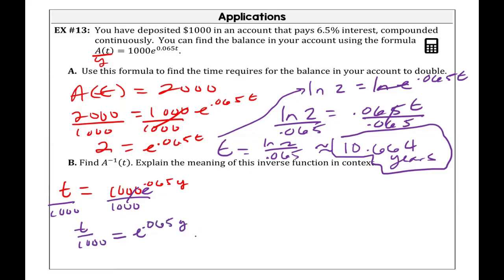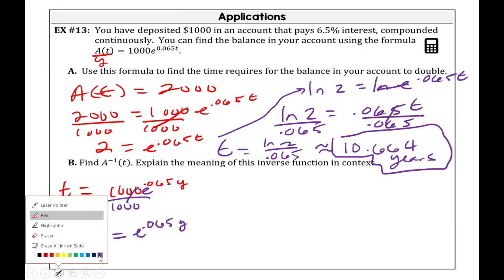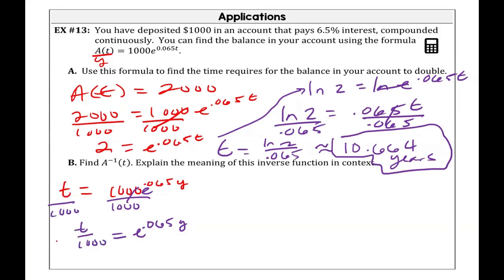Okay. After we divide by 1,000, we're going to use natural log. So we're going to take the natural log of both sides, and we get the natural log of t over 1,000 equals natural log of e to the 0.065y. This is going to cancel out.